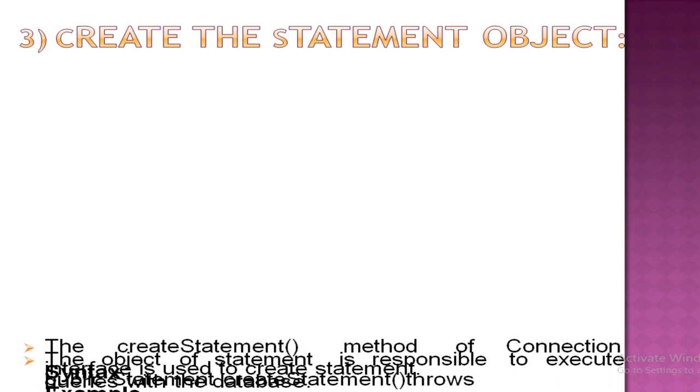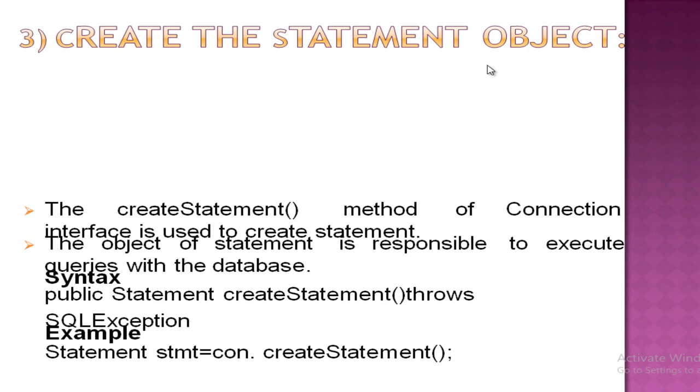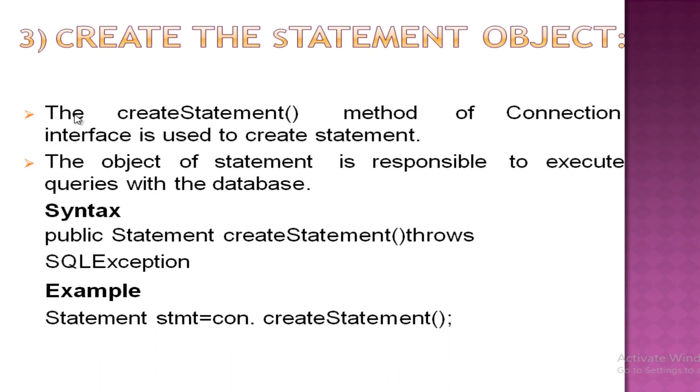Next, create the statement object. How can we create the statement object? There is a createStatement method. Using the createStatement method of the Connection interface, we create the statement. The object of the statement is responsible for executing the queries with the database.